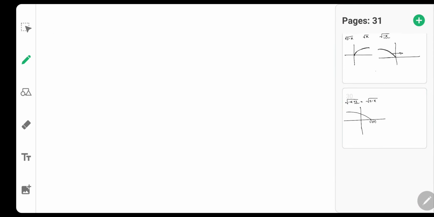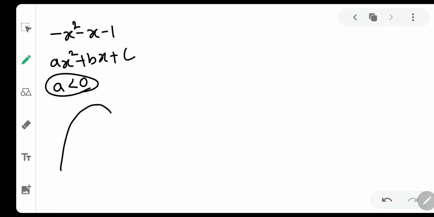Okay. Now let me also make the graph of minus x square minus x minus 1. As this is a quadratic, ax square plus bx plus c, and a is less than 0, it is a downward facing parabola. Very simple. Now, to understand this downward facing parabola, we also need the value of minus b by 2a and minus d by 4a.